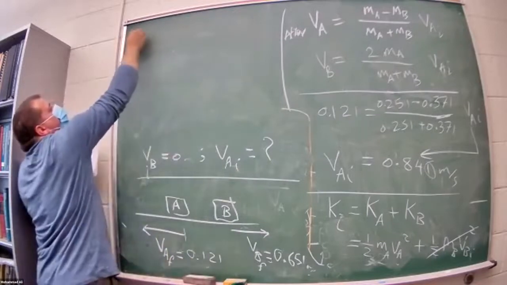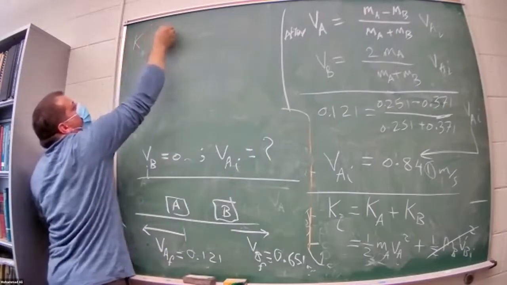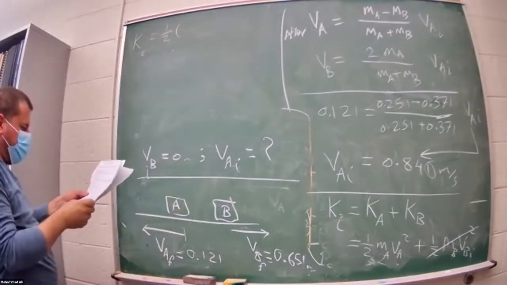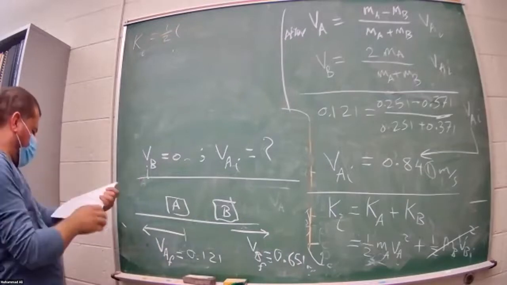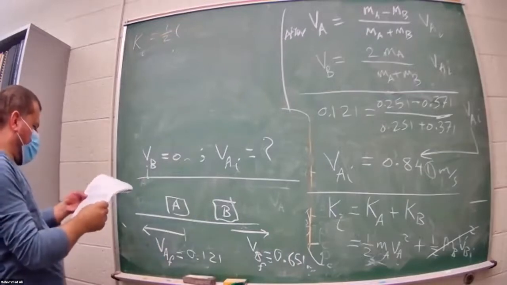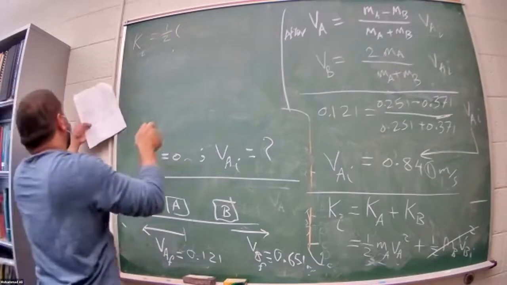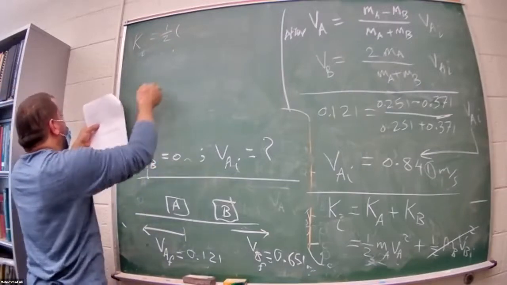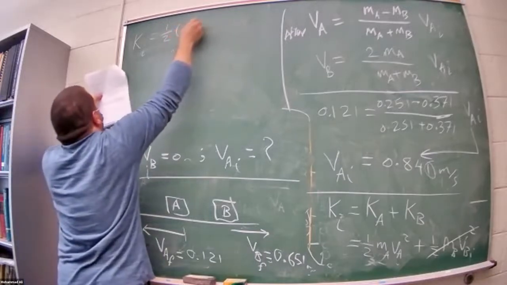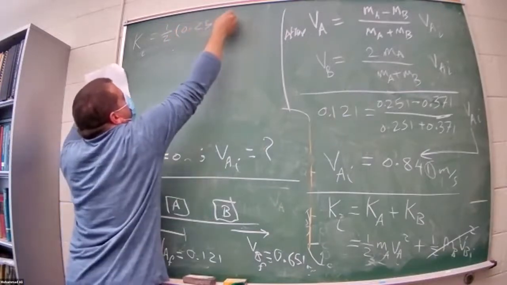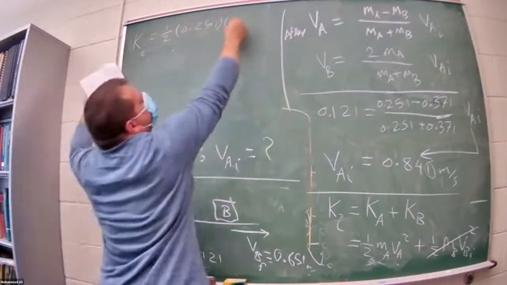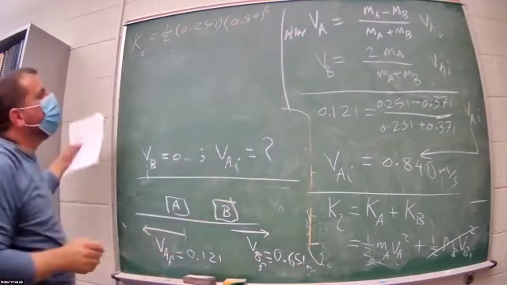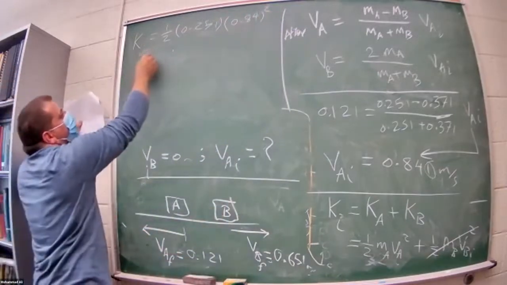So kinetic energy initially is equal to 1/2 the mass for A, 0.251, multiplied by the velocity 0.841 squared. This is the initial kinetic energy.